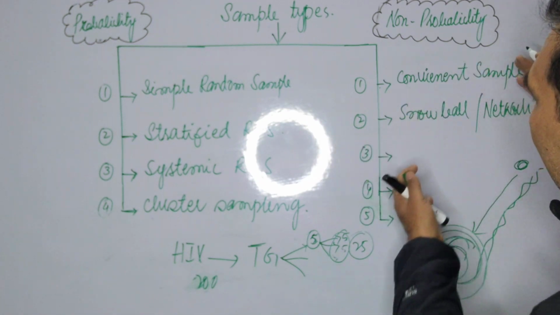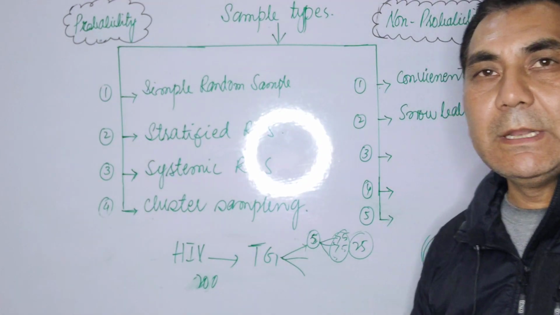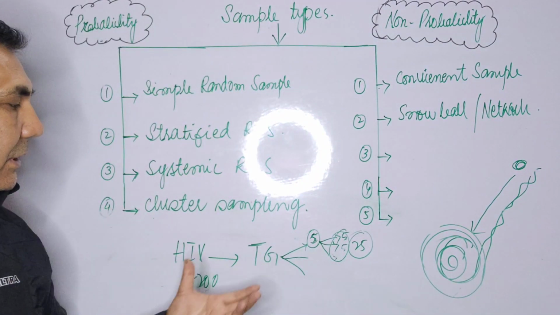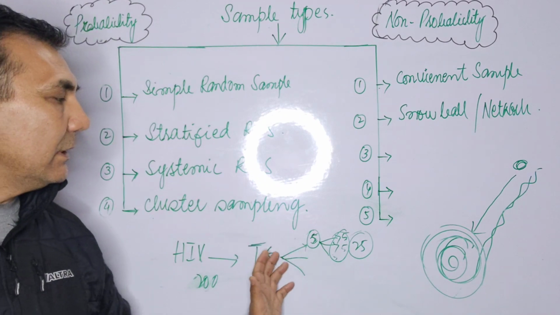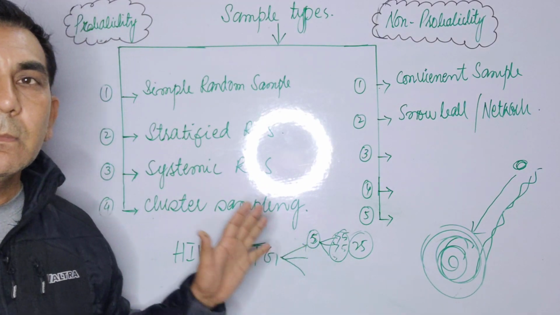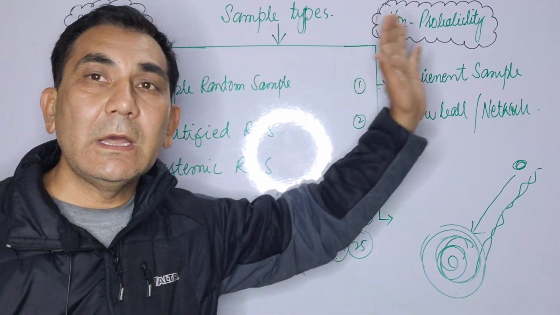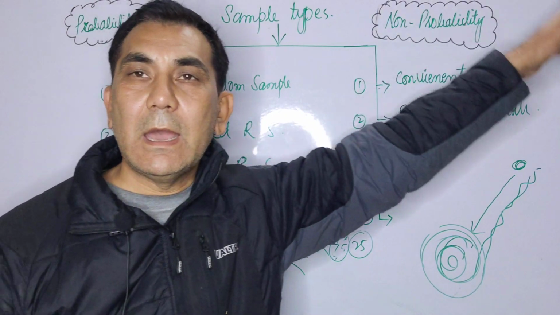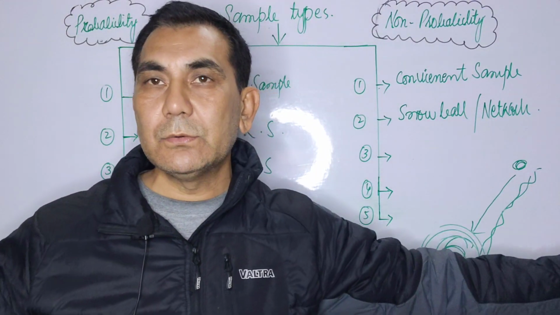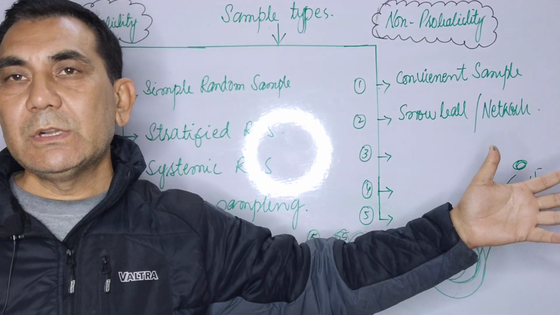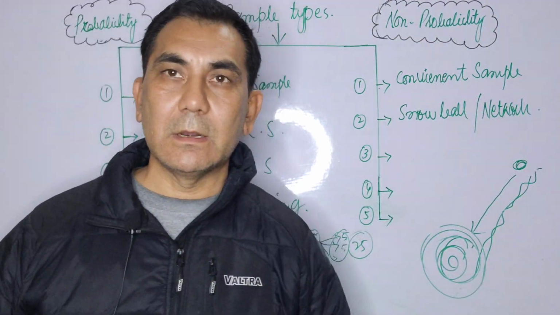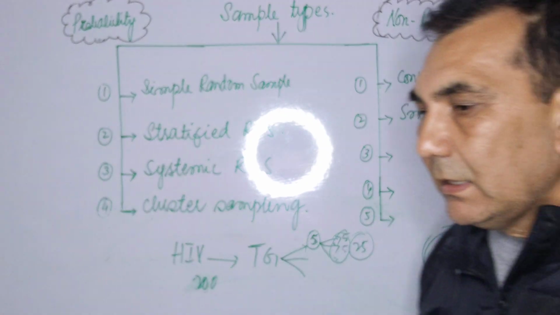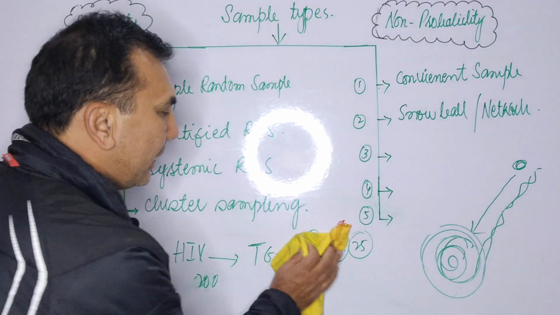The same happens in snowball sampling, in network sampling: when you select 3 or 5 transgender people, they connect with another 25, and those with another 25. It multiplies into 1,000 or hundreds of sample size. So this is called the snowball sampling or network sampling method.